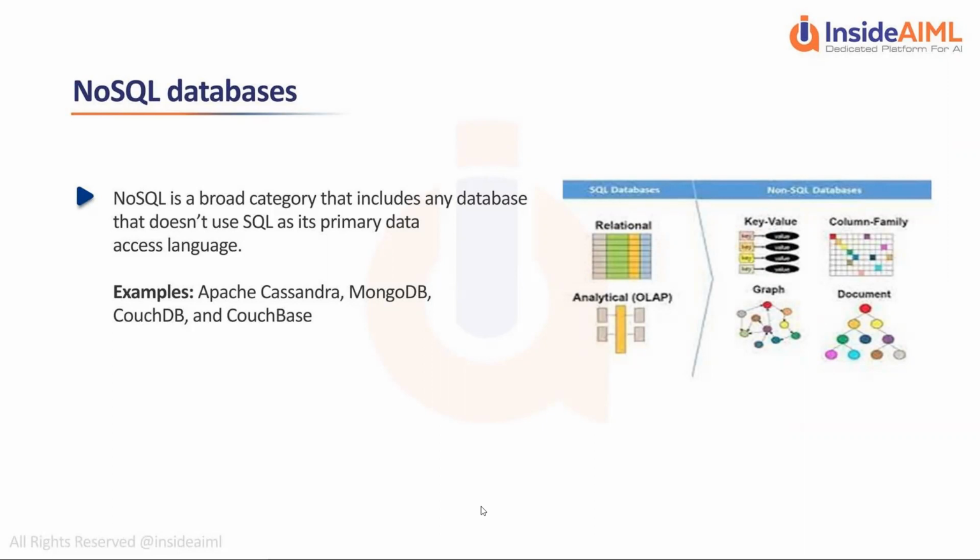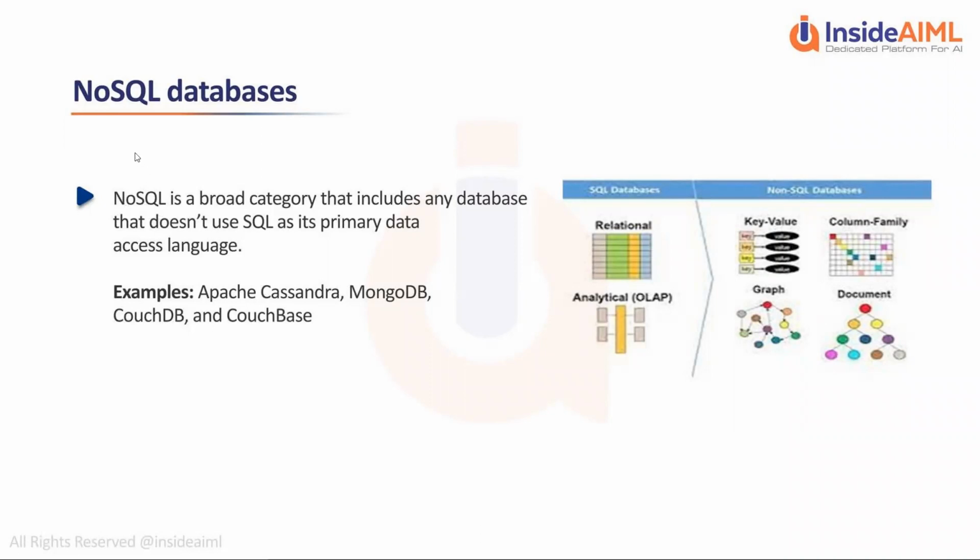But I cannot store an image in the form of a table. I cannot store video in the form of a table. Correct? I cannot store the textual data. Most of the data present on the internet is just text data, right? I cannot store it in the form of a table because a table has rows and columns, some attributes it must have.